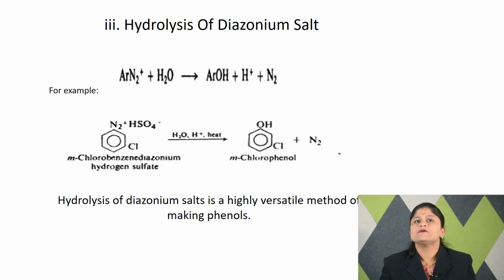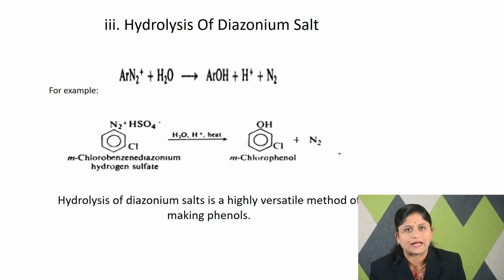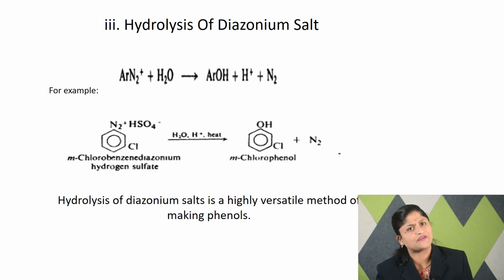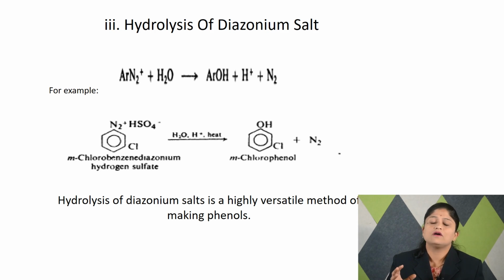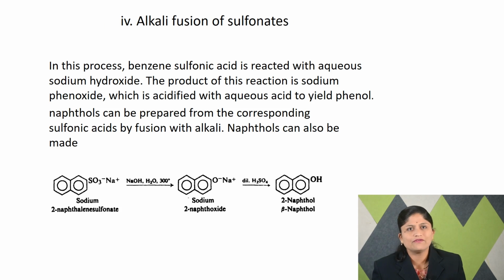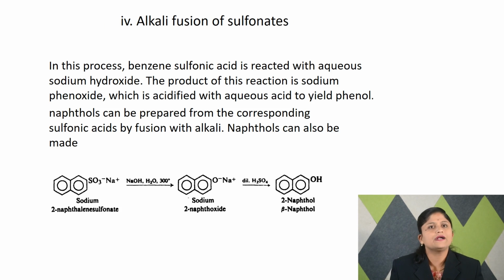Likewise, we can use any diazonium salt, and with the simple hydrolytic procedure we are able to produce compounds which are phenolic in nature. So this is a very easy, versatile and important method for the synthesis of phenol from the hydrolysis of diazonium salt.